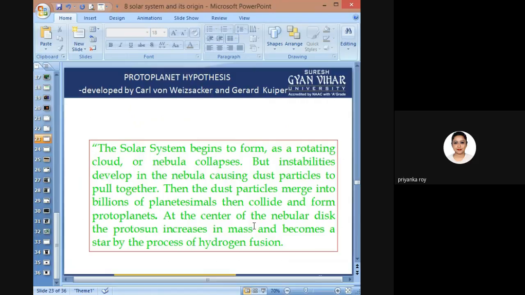Instability in the nebula causes the dust particles to pull together, and they merge into billions of planetesimals, which then collide and form protoplanets. At the center of the nebular disk, the protosun increases in mass and becomes a star by the process of hydrogen fusion.